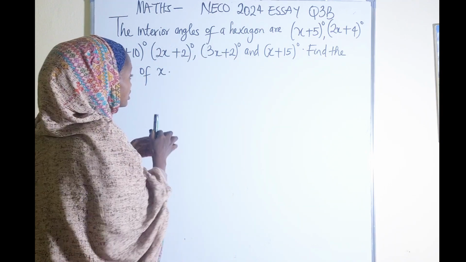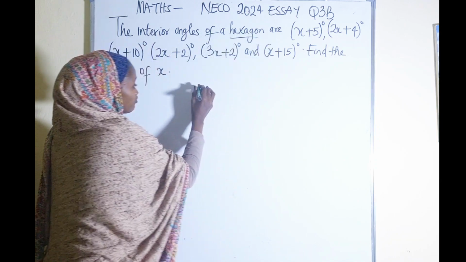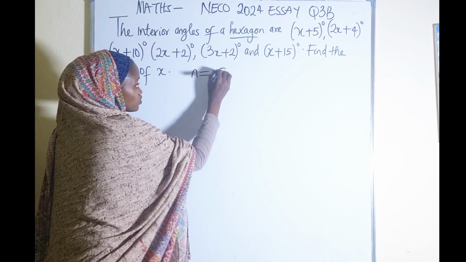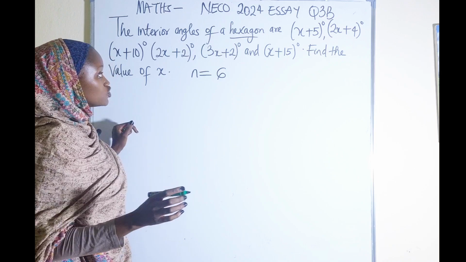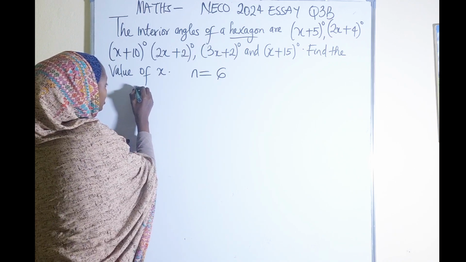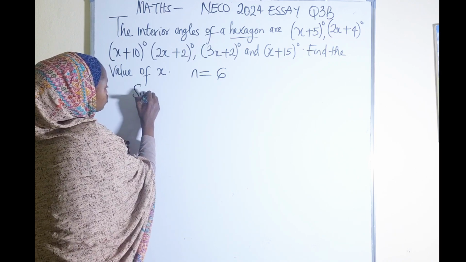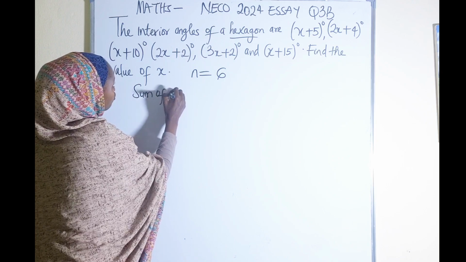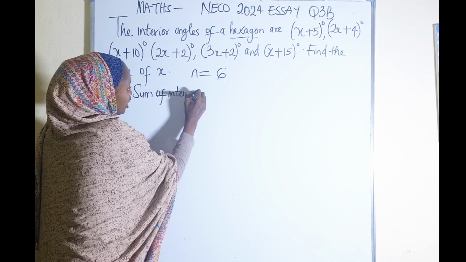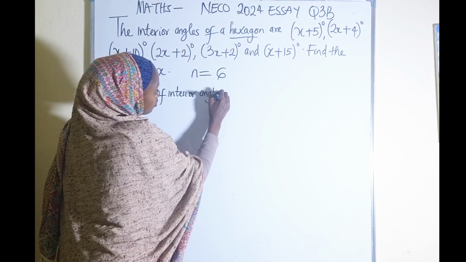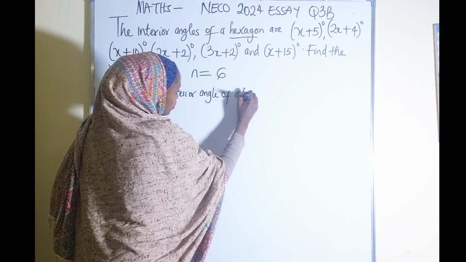So as you can see, this is a hexagon. And we know that for a hexagon, the number of sides, n, is equal to 6, right? So what we do first is to find the sum of interior angles of a hexagon.